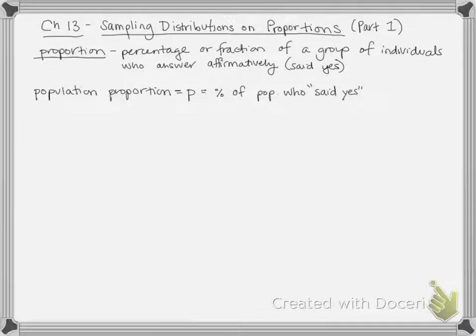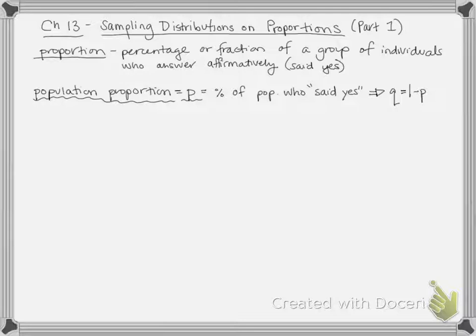We want to know how many people said yes, or were successful, out of the total number of people. So if we have a population proportion p, and these are people who said yes, then the people who said no would be the complement, q. So these are the same letters, p and q, that we use in this chapter, okay? Population proportion, and the letter p.